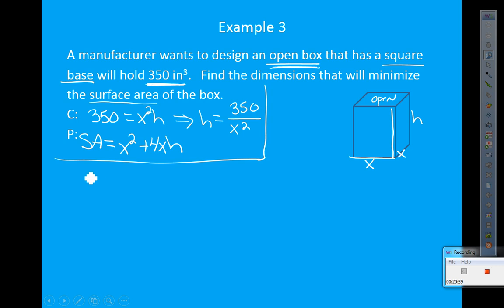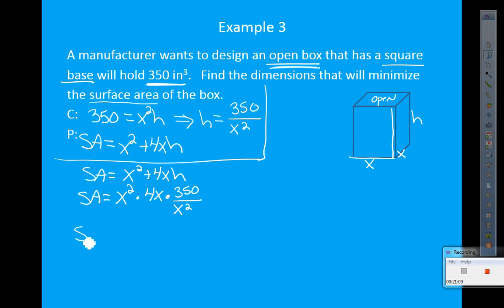Here comes my next step. Take your surface area equation, which is x squared plus 4xh. Sub in whatever you solved for from your constraint. And we solved for h. So I'm going to have surface area is x squared plus 4x times 350 over x squared.